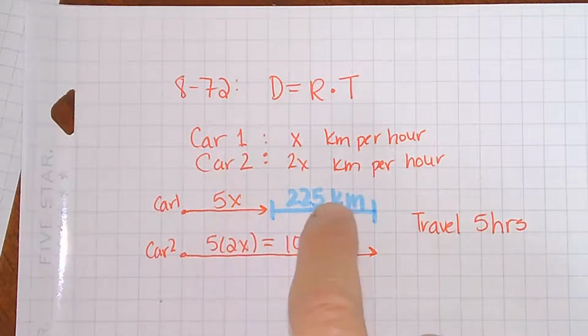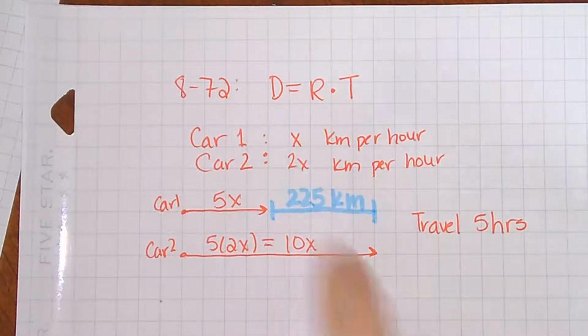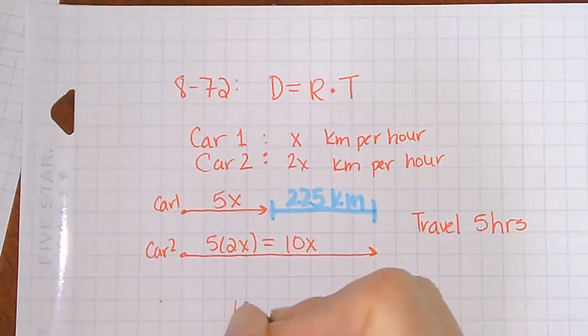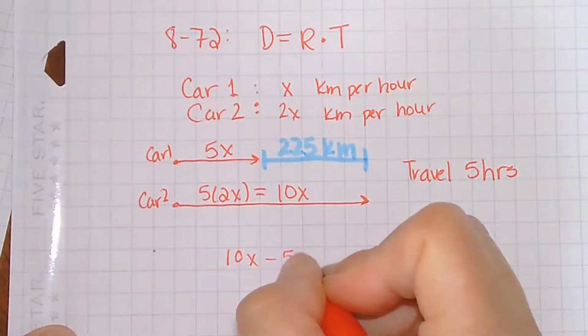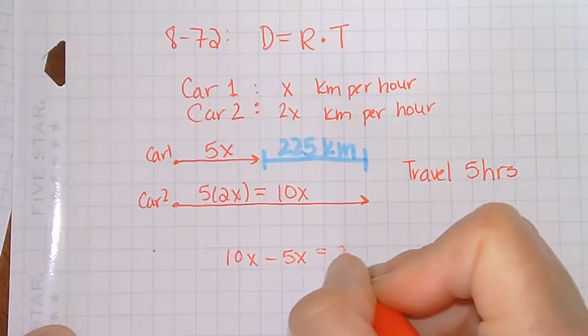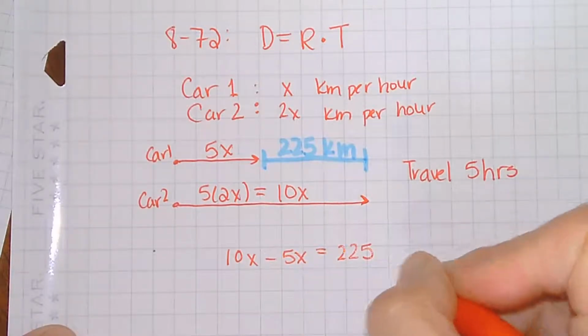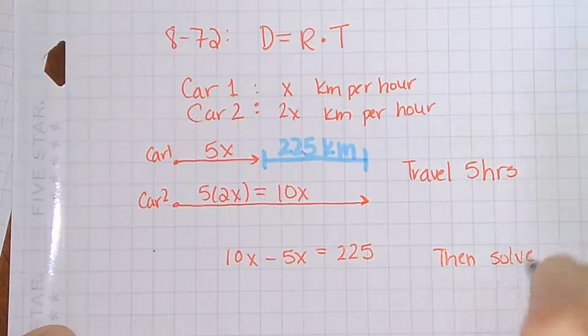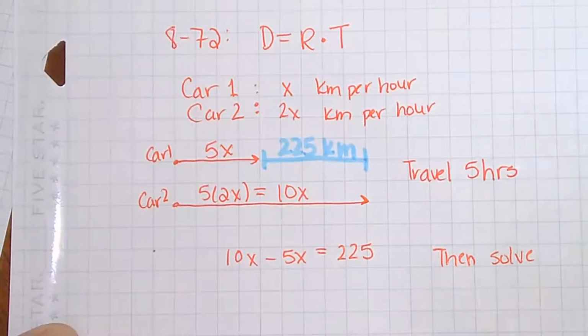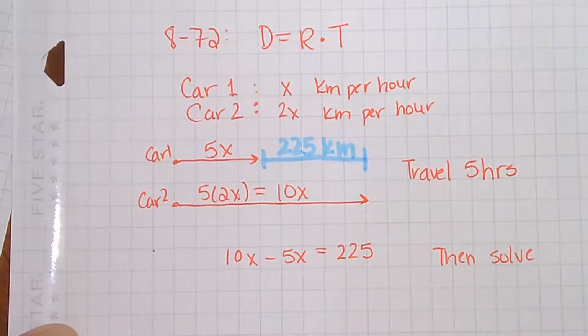And the difference should be equal to 225. So I'm going to go 10x minus 5x is equal to 225. Then solve that equation. And that will give you the speed of each car. x will be car 1, and then 2 times that number will be car 2.